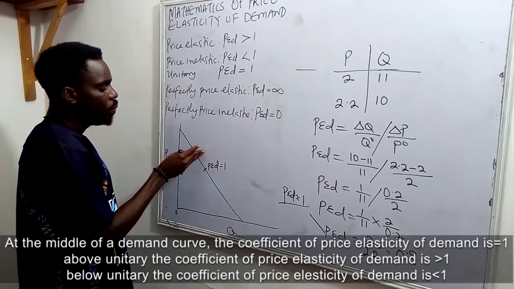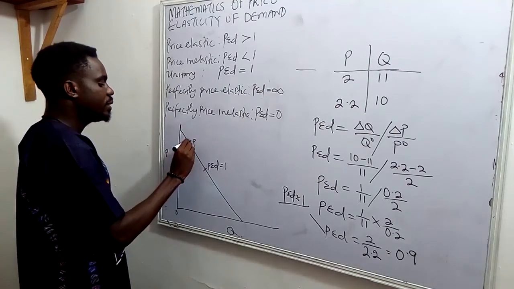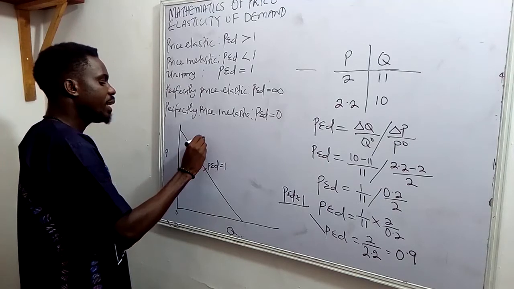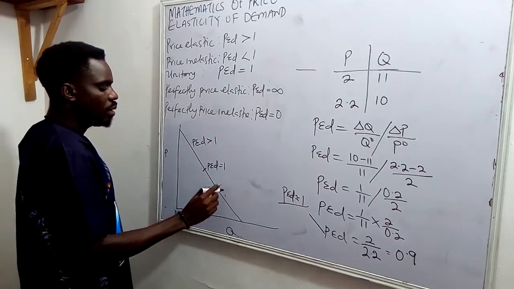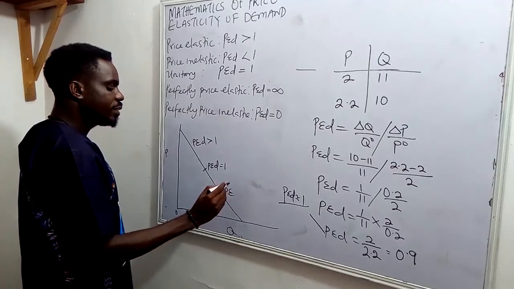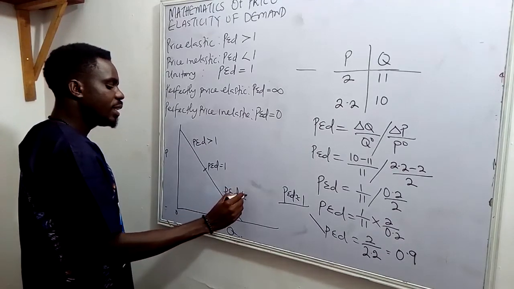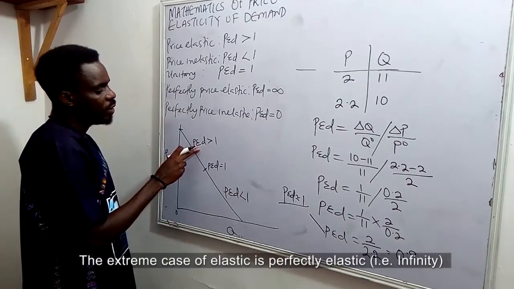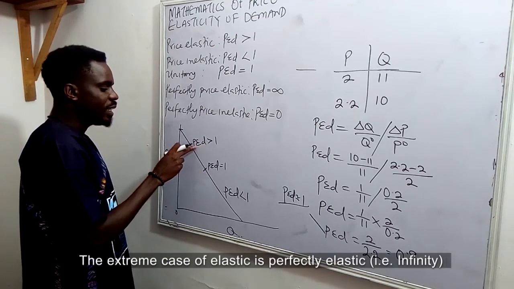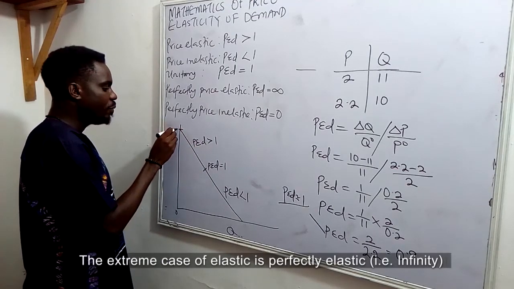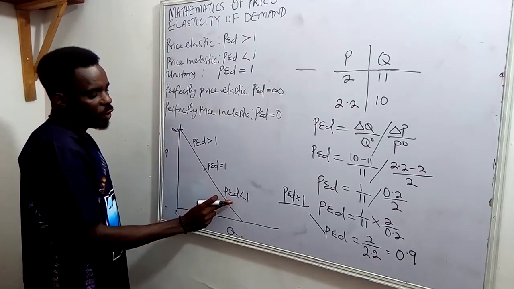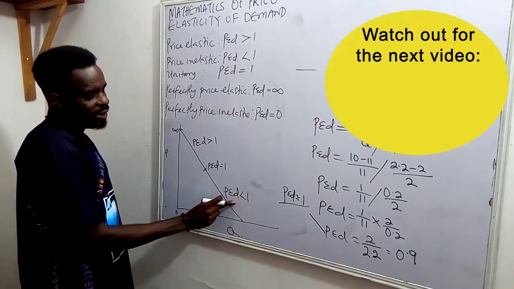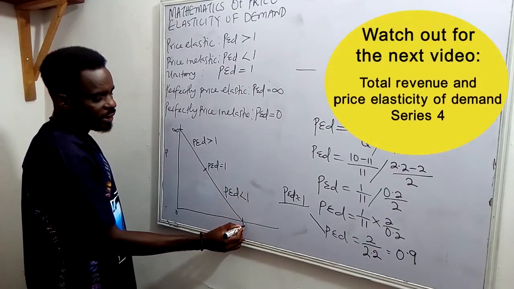So above unitary, price elasticity of demand is greater than 1. Below unitary, we have price elasticity of demand less than 1. And the extreme case of a product whose coefficient is elastic is perfectly elastic, which is infinity. The extreme case of a product whose coefficient is perfectly inelastic is 0.